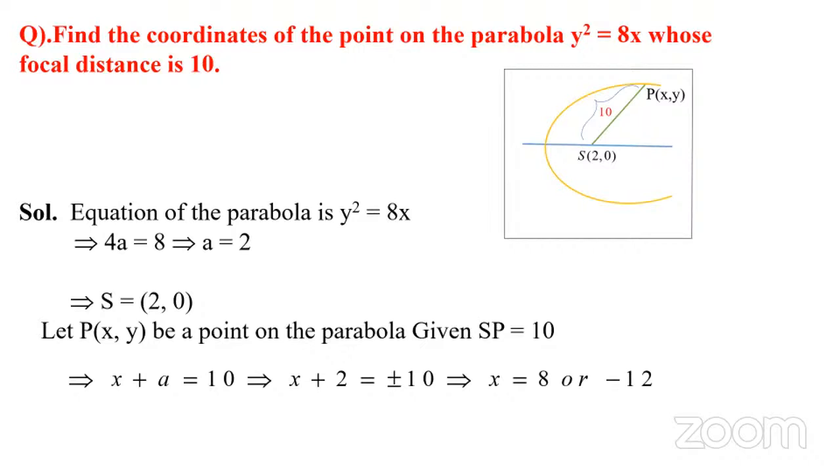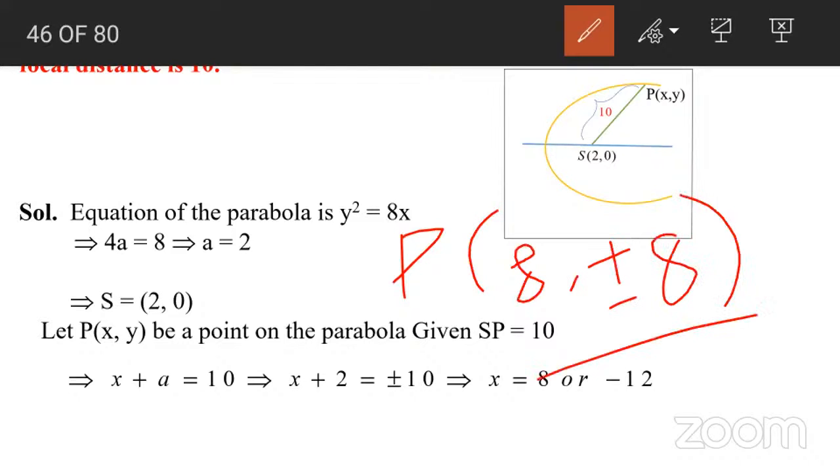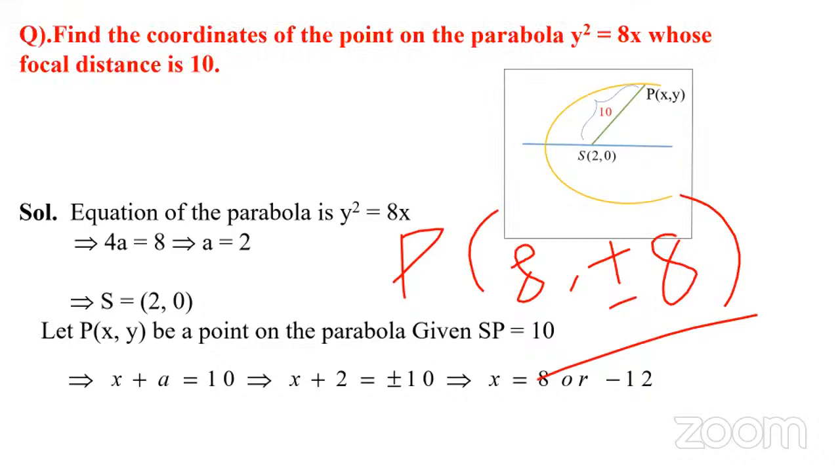You cannot take the x value as negative 12. So x equals 8 is the only valid value, and P(x, y) is (8, plus or minus 8).